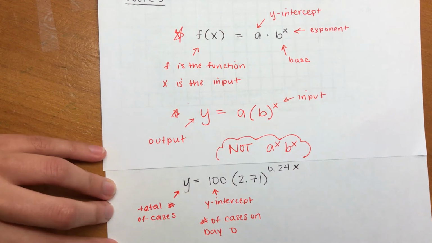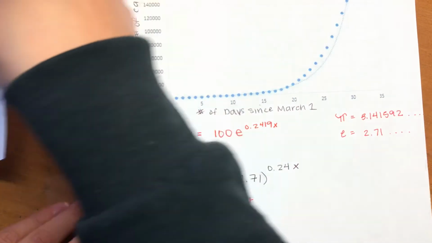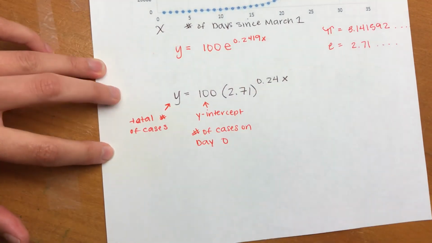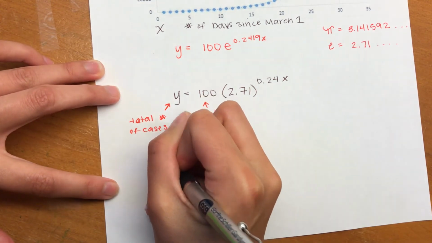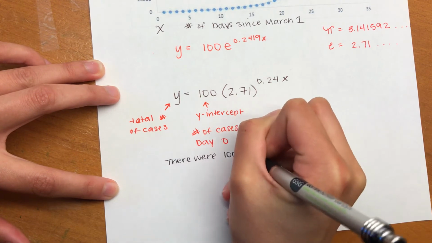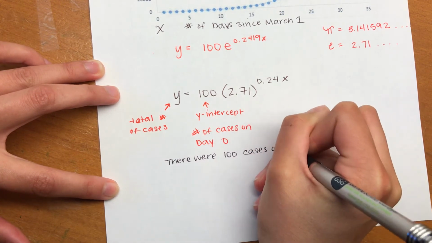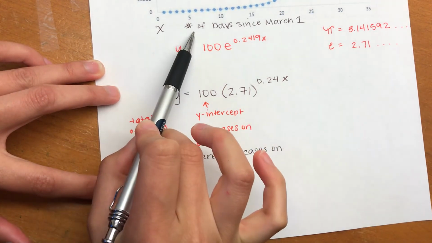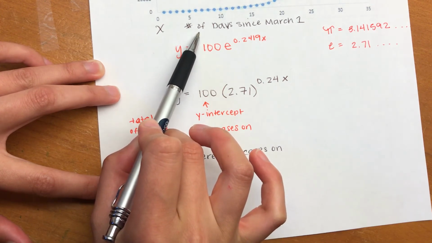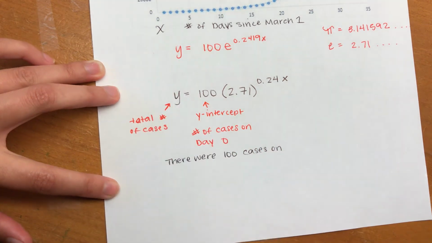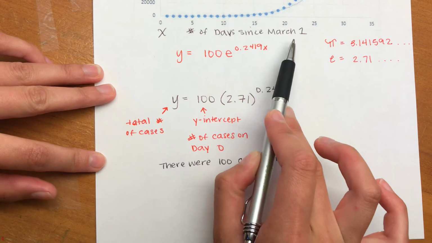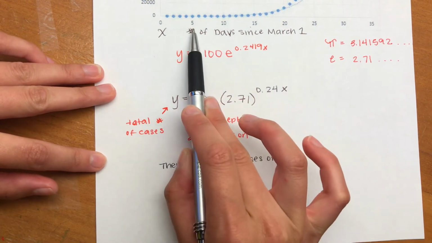So we could write a statement that says, okay, according to this function, there were 100 cases on day 0. Oh, I think I explained this wrong earlier. Day 0 should be March 1st. So day 5, oh yeah, is March 6th.